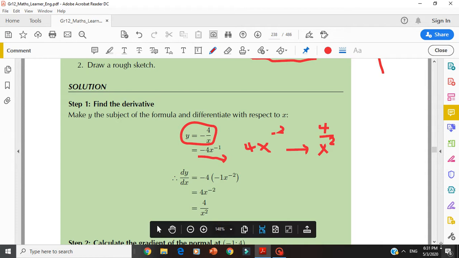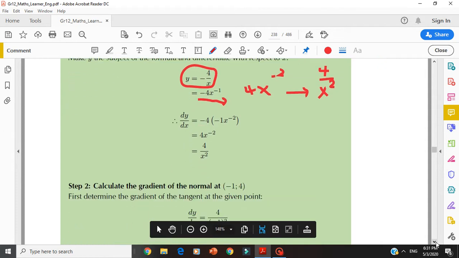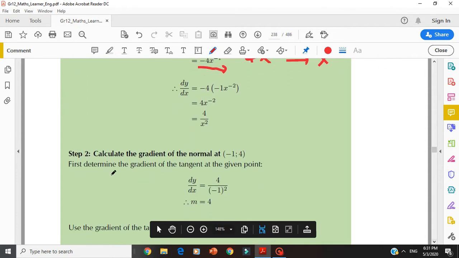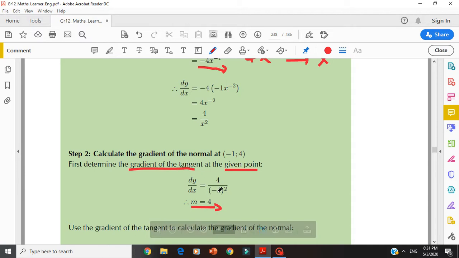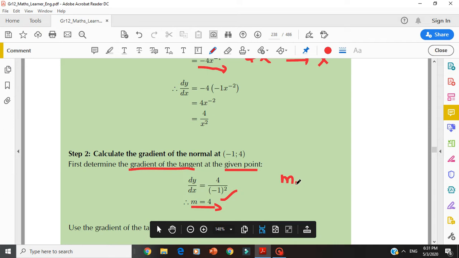All right, so let's keep going. Next thing is we can determine the gradient of the tangent at the given point minus 1 and 4. If I substitute that into 4 over x squared, I'm going to get 4 divided by minus 1 squared, which is 4 divided by positive 1, which gives me 4. Now we know that the slope of the normal times the slope of the tangent equals minus 1.